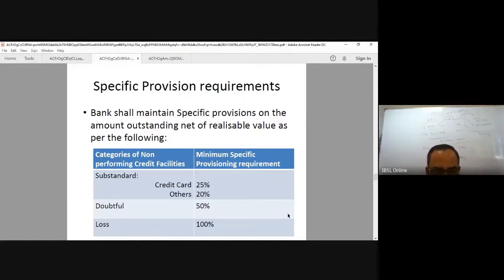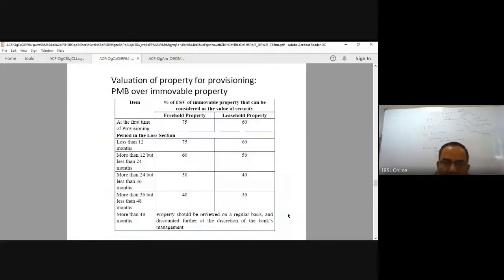Now, in all these cases, whether substandard, doubtful or loss category, you have this haircut rule. The haircut rule is how much percentage you can reduce from the non-performing asset to make the provision.